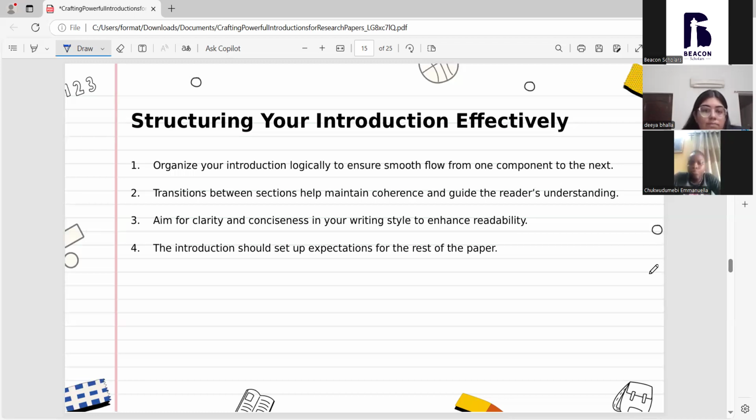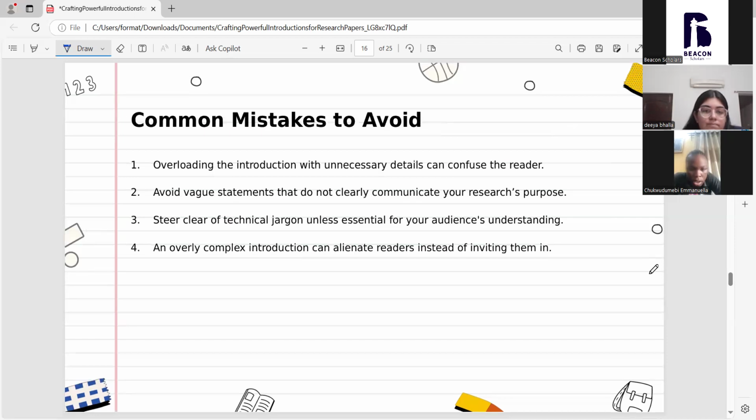No. Good. So here is also a common mistake to avoid, which is overloading the introduction with unnecessary details and confusing the reader. The introduction should be 400 or 500 words of necessary, or very necessary, details of your research paper.